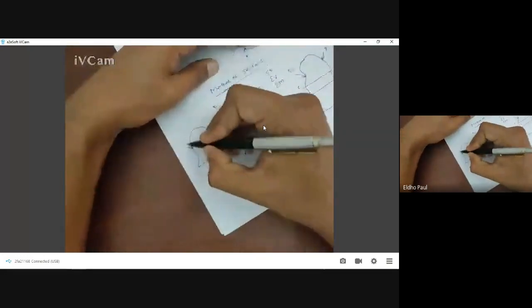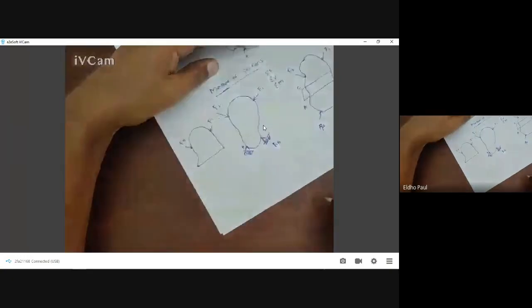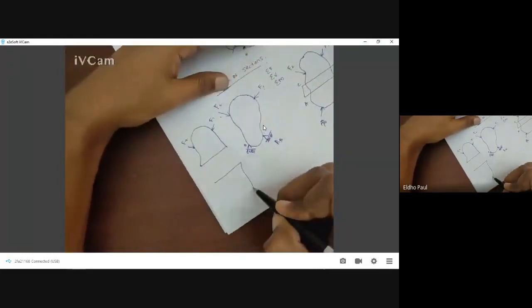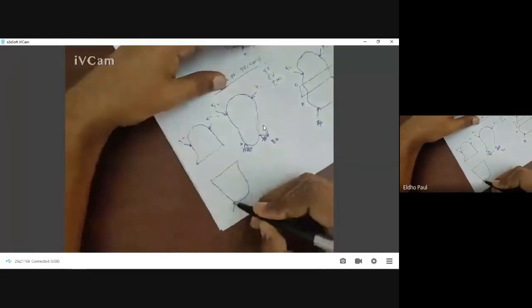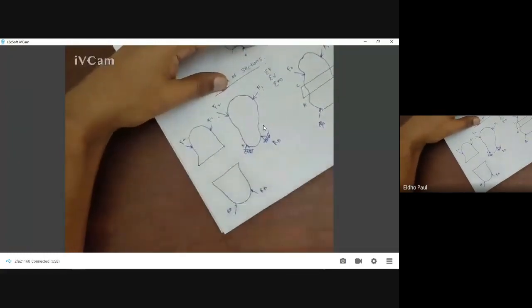The top half, F2 and F1, are the external forces. And this is the bottom half. RA and RB are the external forces.